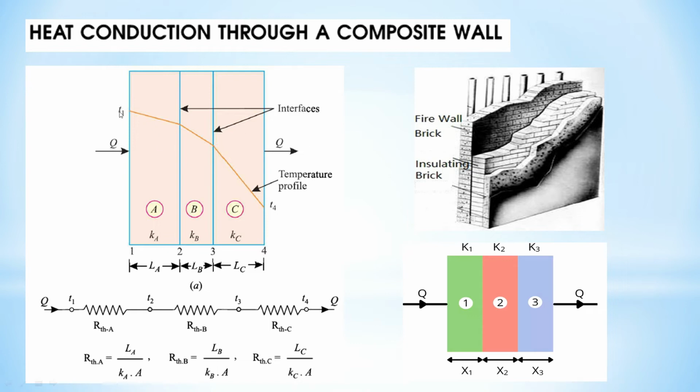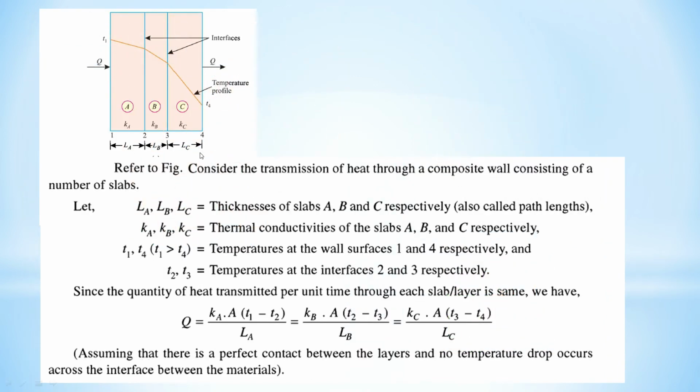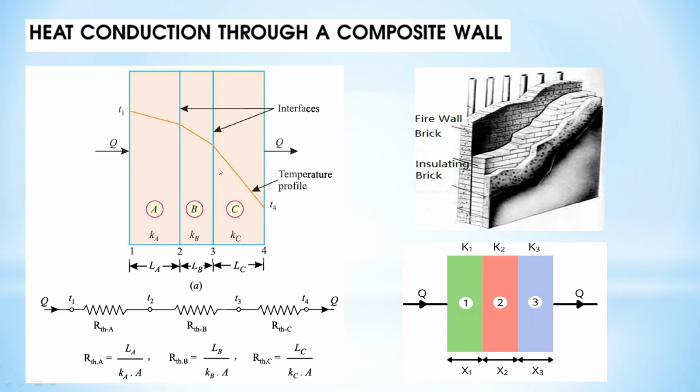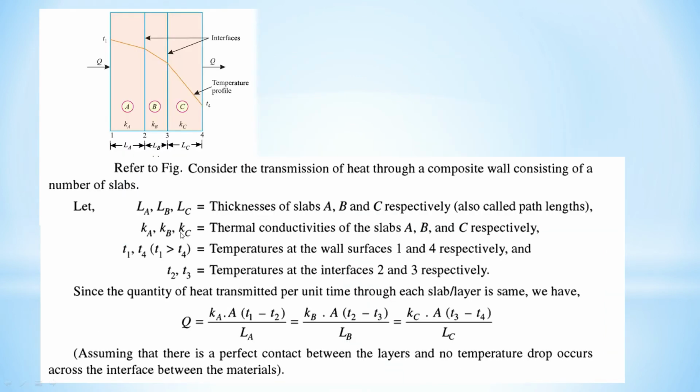So T1 and T4 are the inner and outer surface temperatures of the wall, and on the interfaces the temperature is called the intermediate temperature. Here the temperature is T2 and here the temperature is T4. We have already discussed LA, LB, LC, the thicknesses of slabs A, B, C respectively, and Ka, Kb, Kc, the thermal conductivities of slabs A, B, C respectively.